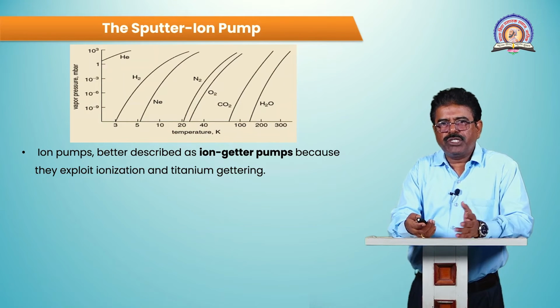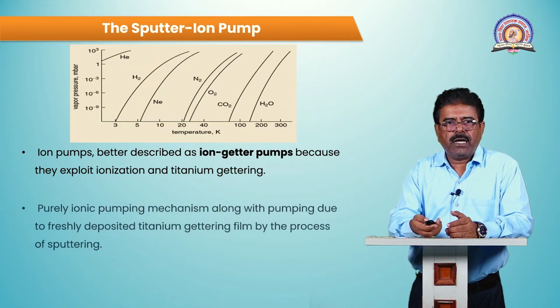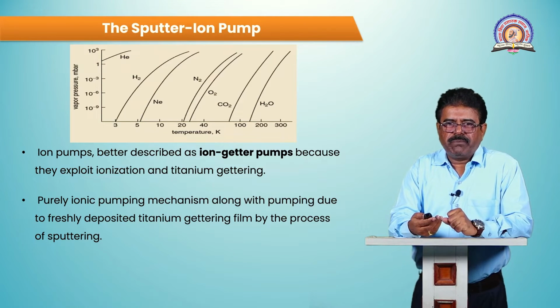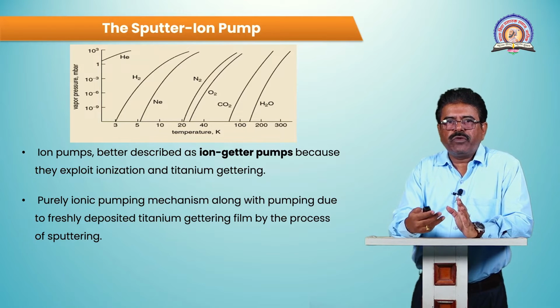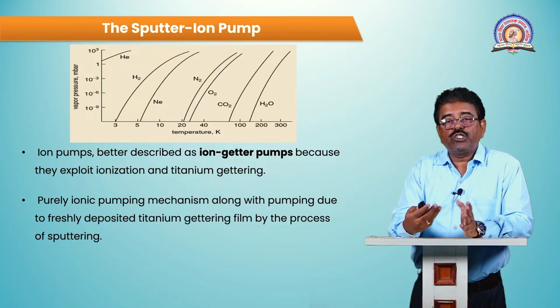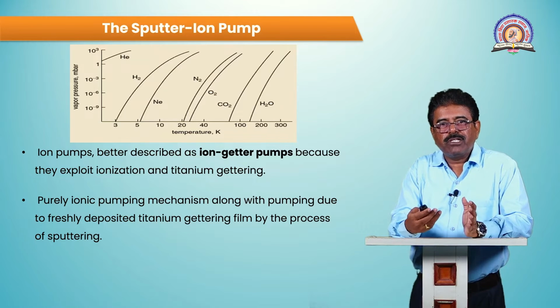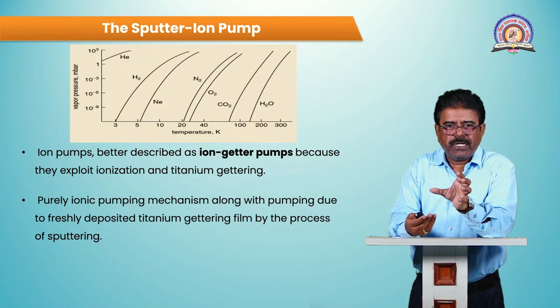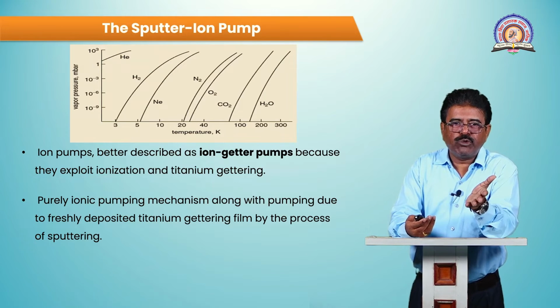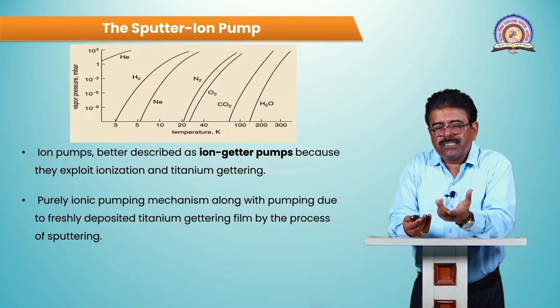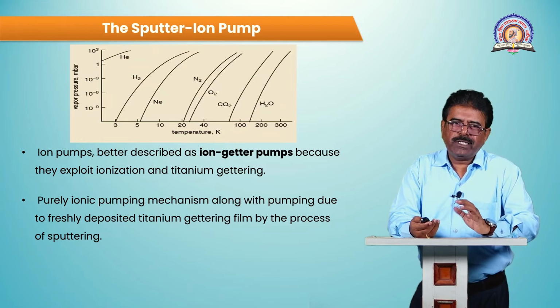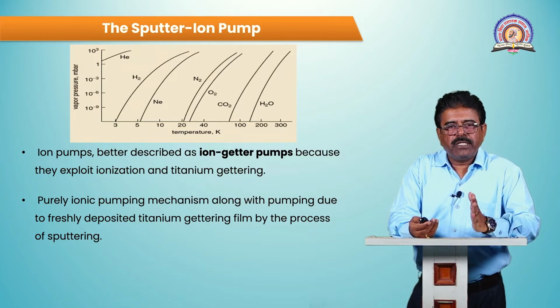Both ionization and gatoring mechanisms are involved here: purely ionic pumping, along with pumping due to a freshly deposited titanium gatoring film by the process of sputtering. In this sputter ion pump, titanium is used as the Gator material, and the sputtering process is used to ionize such inactive gas species which cannot be removed by a Gator pump. Once they are ionized, later they can be captured.